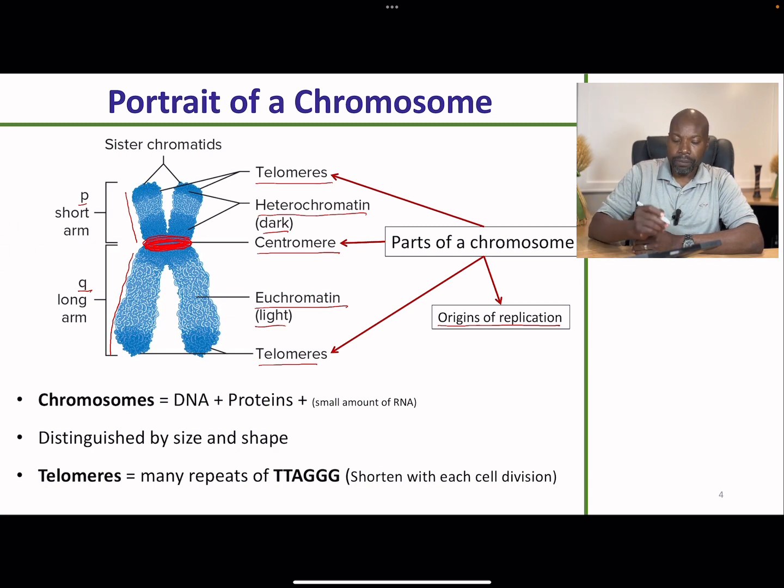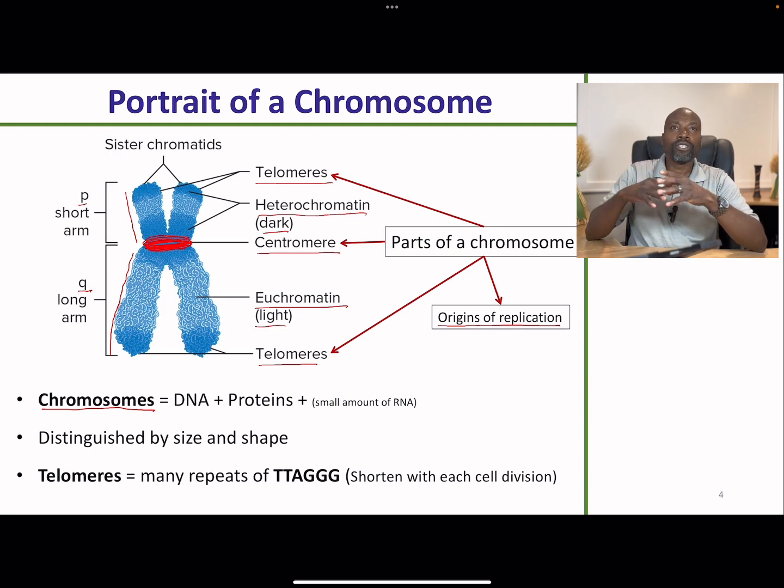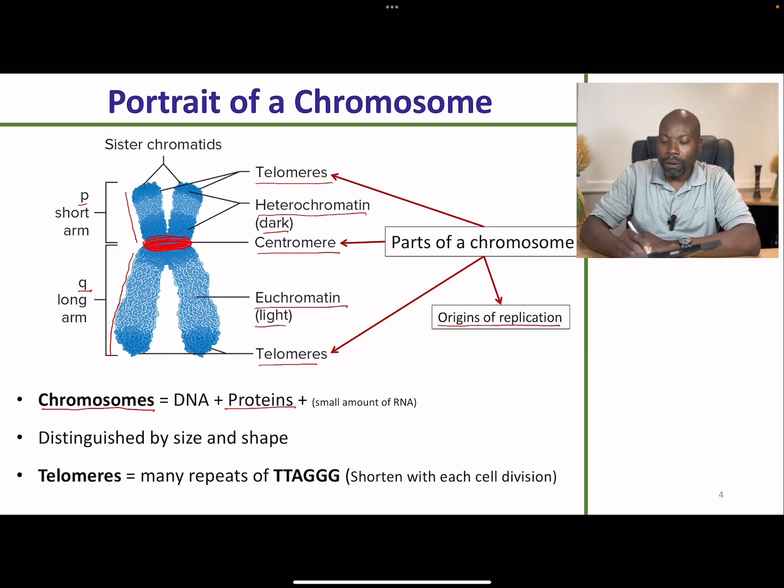With that being said, a chromosome is basically a coiled structure of DNA mingled with proteins. But let's go a little further here. Actually, it's not exclusively DNA and protein. Guess what? There is a small amount of RNA that is also found as a structural part of the chromosomes, right?